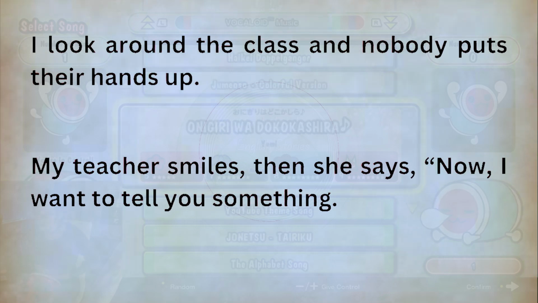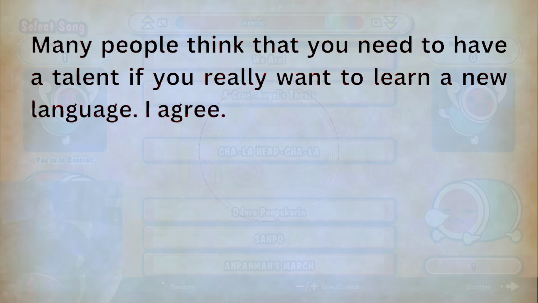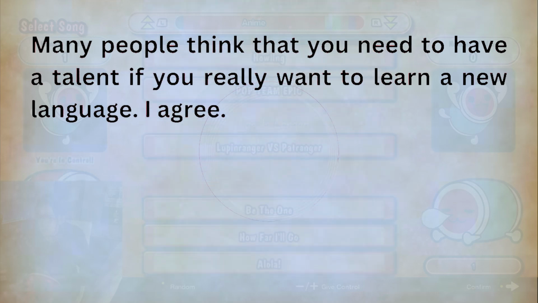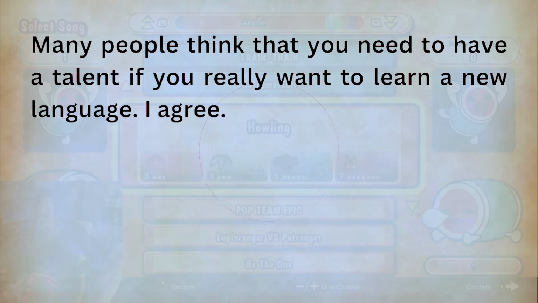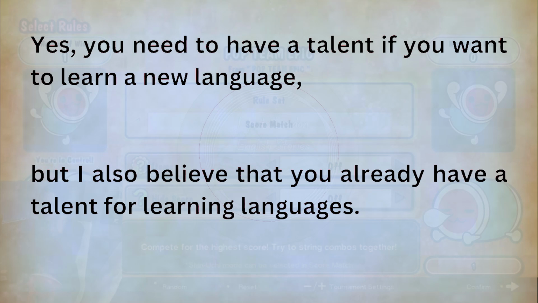My teacher smiles, then she says, "Now, I want to tell you something. Many people think that you need to have a talent if you really want to learn a new language. I agree. Yes, you need to have a talent if you want to learn a new language, but I also believe that you already have a talent for learning languages.